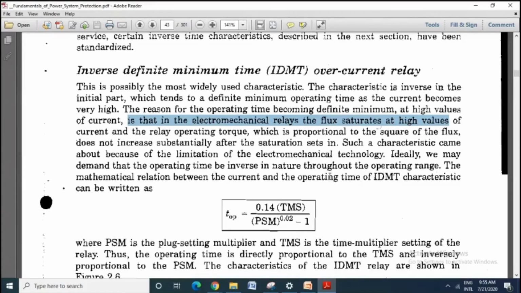Now, what is saturation? Let me give you a quick example. Let's say you have some dissolving material, like water, and you are adding salt to that water.